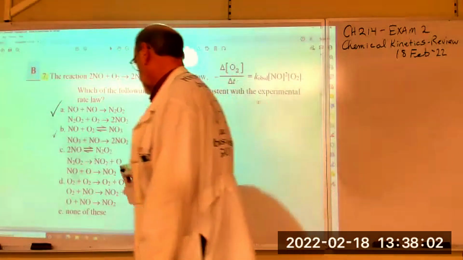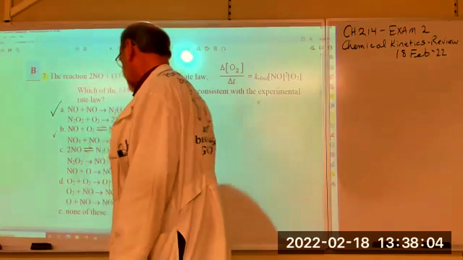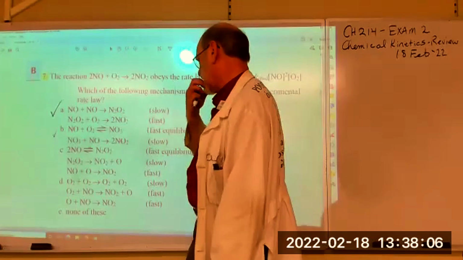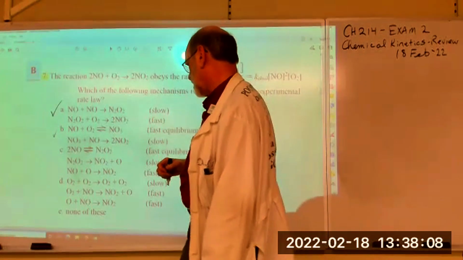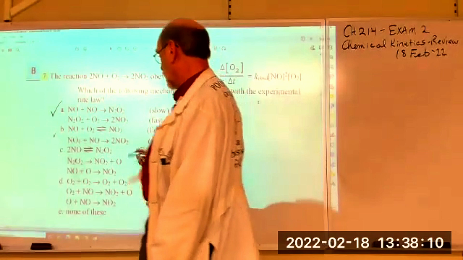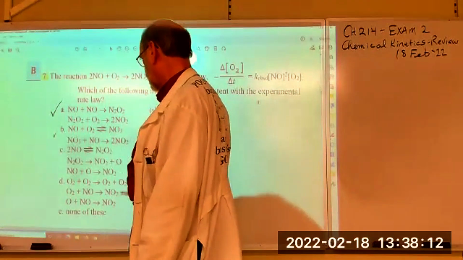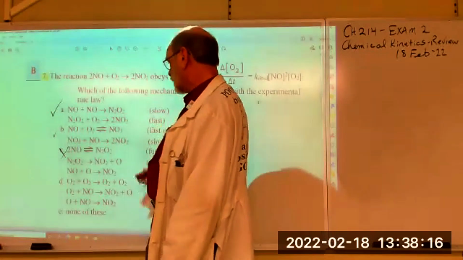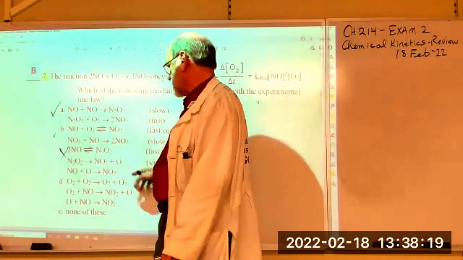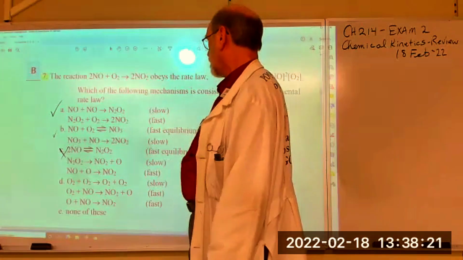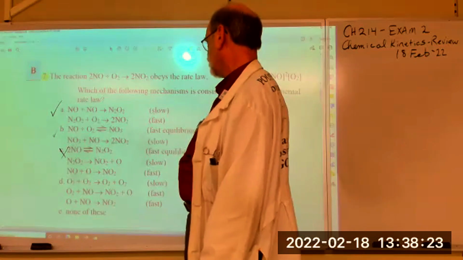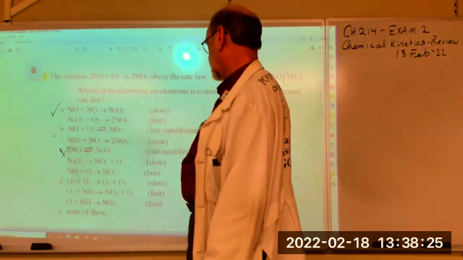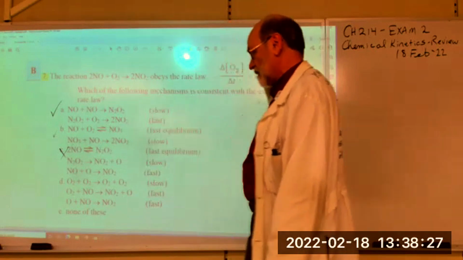But this one's on the product side and that one's on the reactant side, so they cancel each other out. No, these are separate steps. Okay. So this one can't be. There's no O2 in there, and those O's cancel each other out. So we can eliminate C.